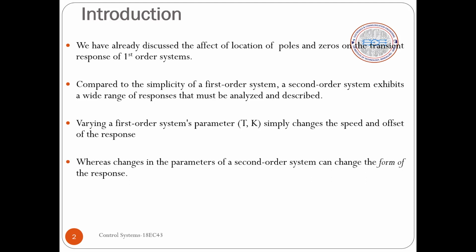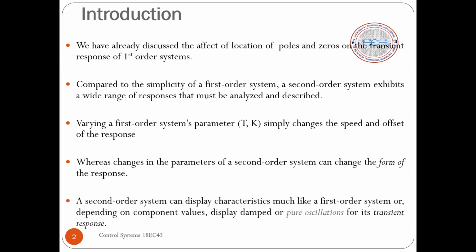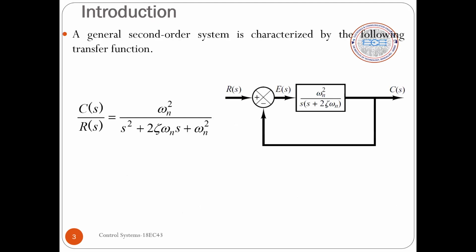Change in the parameters of a second order system can change the form of the response. The system can display characteristics much like a first order system, or depending on the component values, it can oscillate completely, or the oscillations can die out completely. It all depends on the system parameters. We can have a desired response with a suitable design of the system parameters.